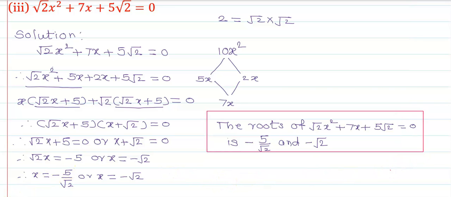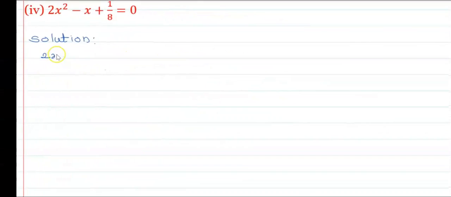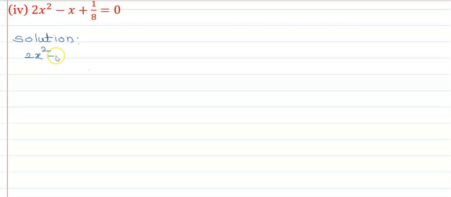Now next problem. The next equation, 2x square minus x plus 1 upon 8 is equal to 0. Now first we'll simplify this. Here is a fraction.